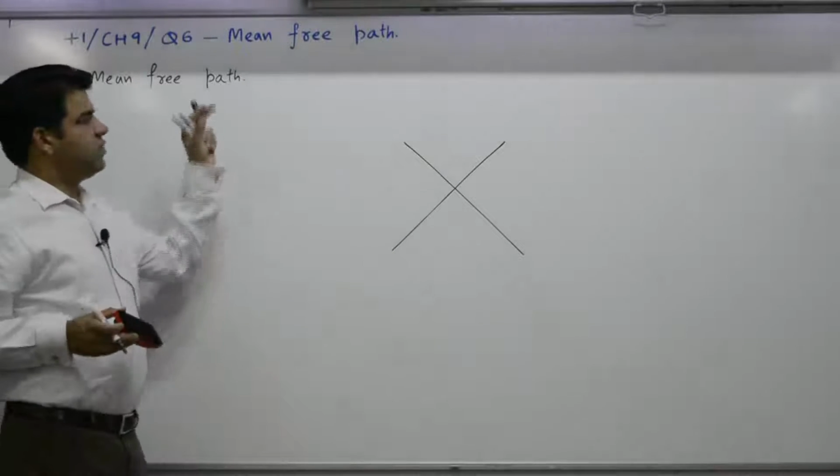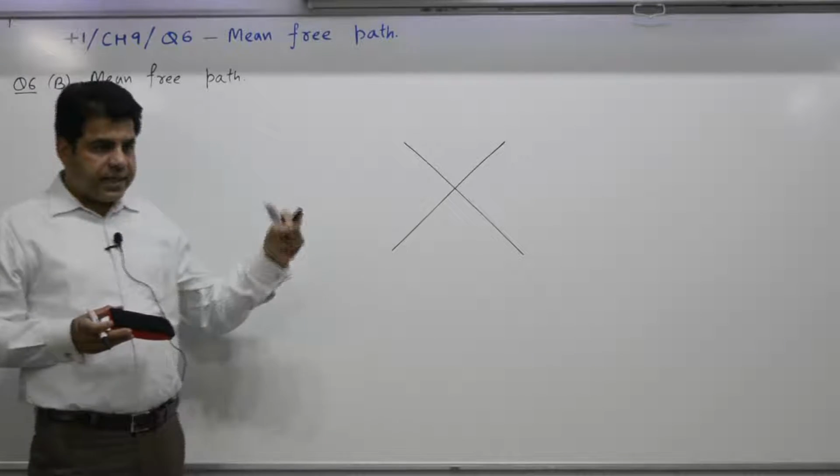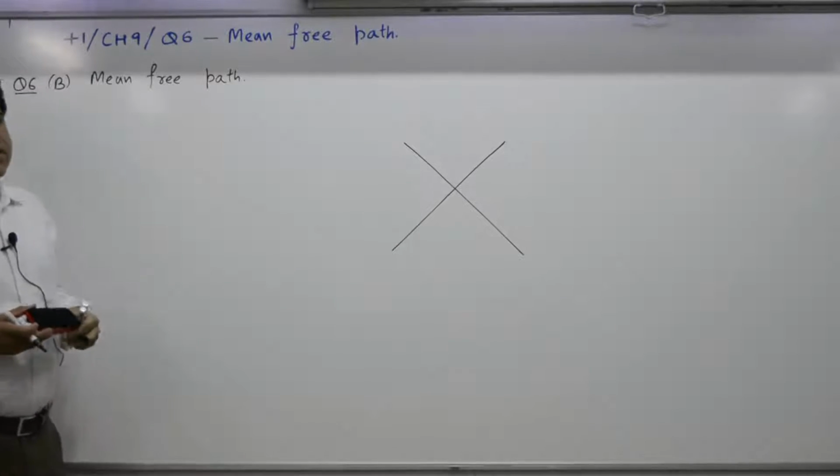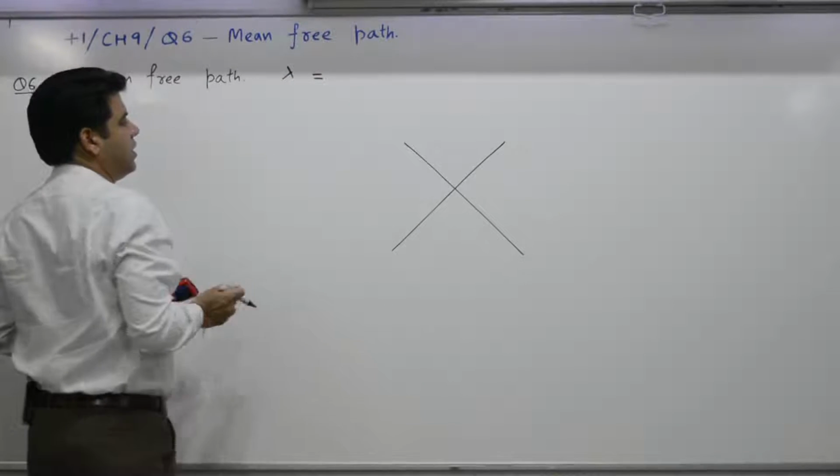The first part dealt with what is mean free path. The second part deals with the formula derivation. Lambda is equal to what?